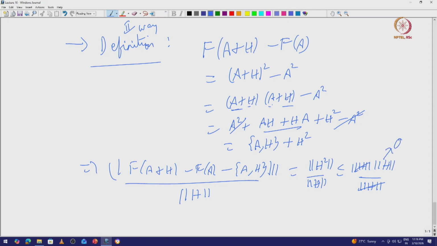This goes to 0 as H goes to 0. In other words, this is precisely the derivative by definition. This is the Frobenius norm.